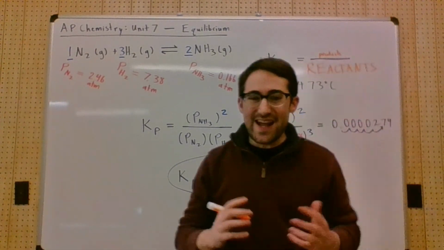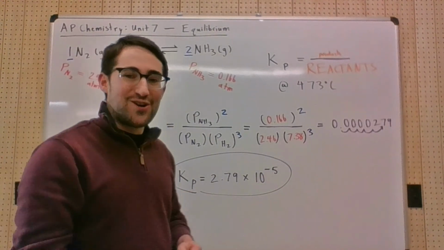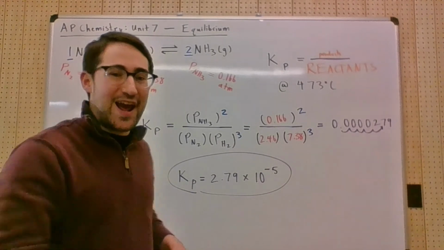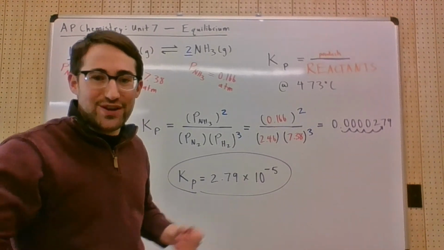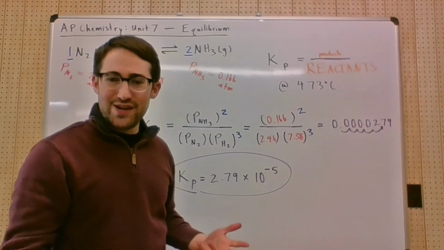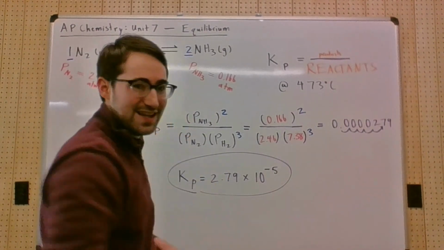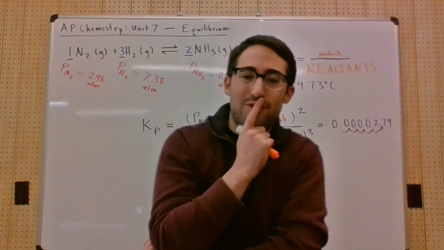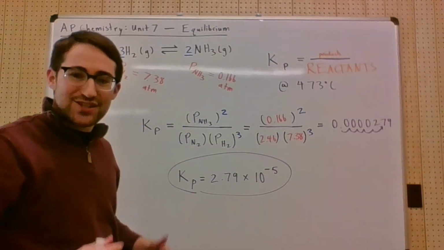So my answer for this should come out small. So if I go look up the KP of this reaction at 473 Kelvin, what that tells me is I'm not producing a whole lot of NH3 here. Most of my reactants are sitting here just as they are. Okay? So this tells me what the reaction is like.